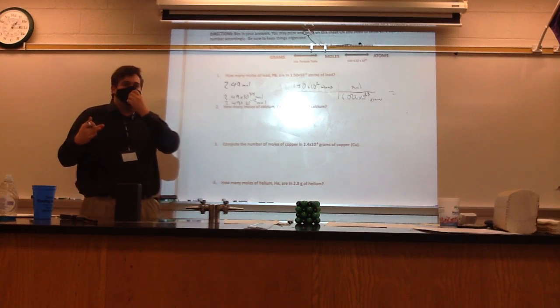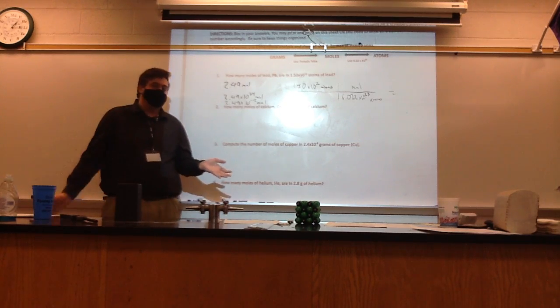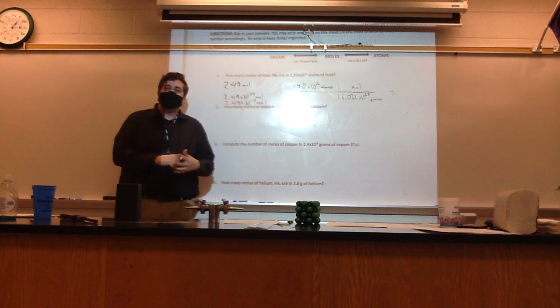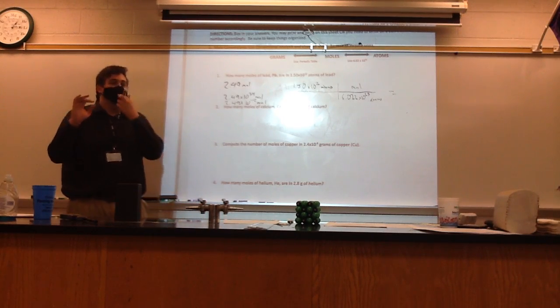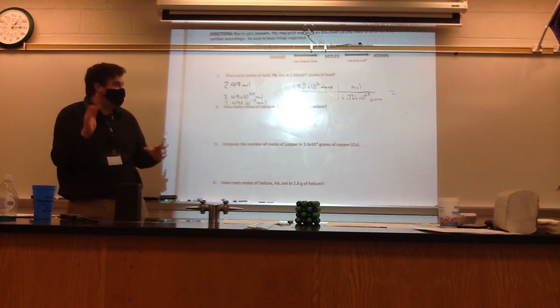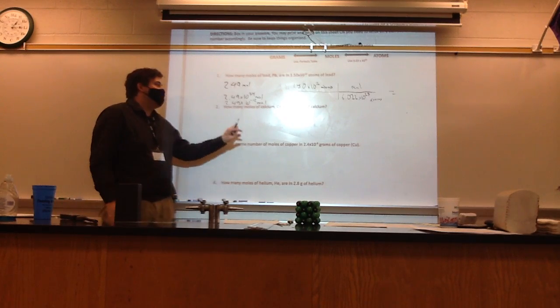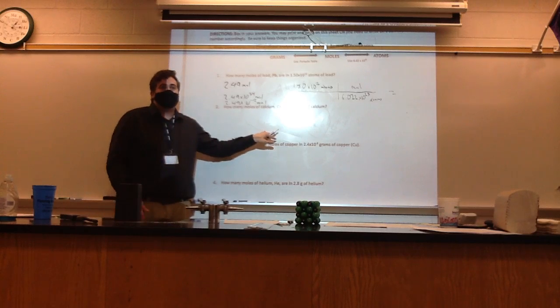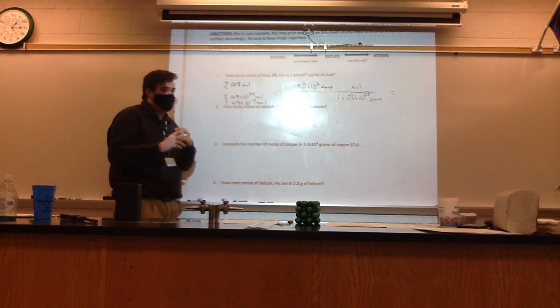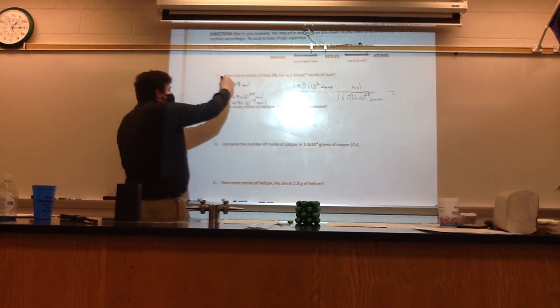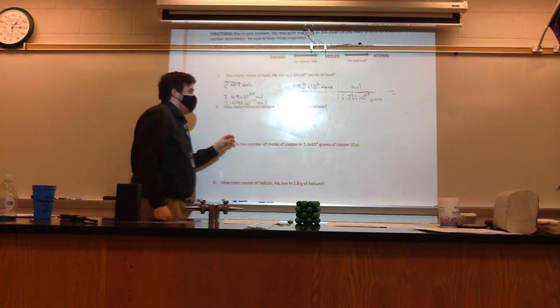It's the same as saying you have 1 million likes on something. It doesn't mean you have exactly 1 million likes, but you have around 1 million. So the zeros are used as placeholders to show how big it is. In the same sense, the leading zeros, when we're talking about a really small number, are used to show how small it is. So you can't skip out on those. So if that's the case, we're going to say that this is wrong.